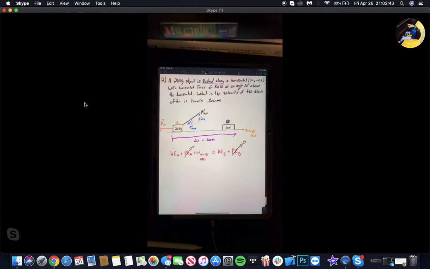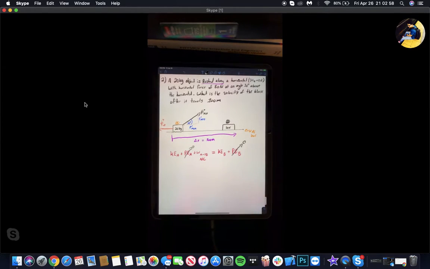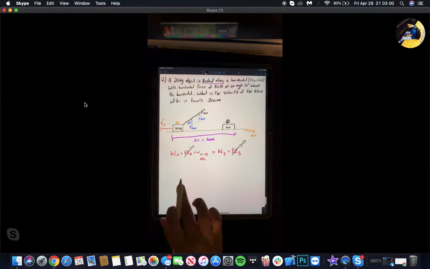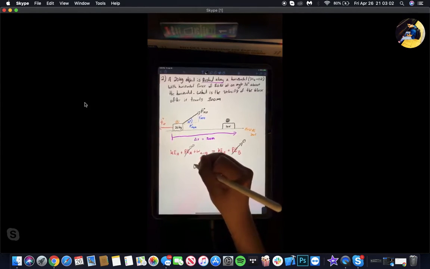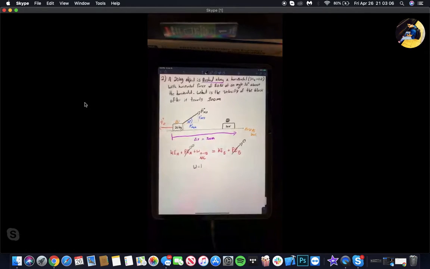So now, what do we got? That NC over there, would we just make it F net? Which one? NC. Well, this one, remember work? Oh, that's integration, equals. No, that's not integration. That's when it's not constant. Oh, okay.